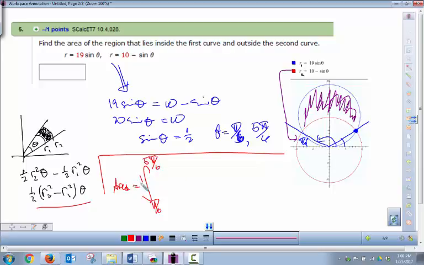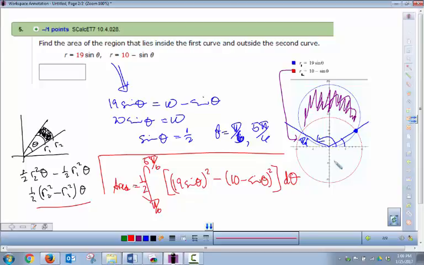And 1/2, we can squeeze the 1/2 outside. Then the two functions we're dealing with: the R2 function is 19 sine theta, we want to square that, minus 10 minus sine theta, square that. And I think that's all we need.